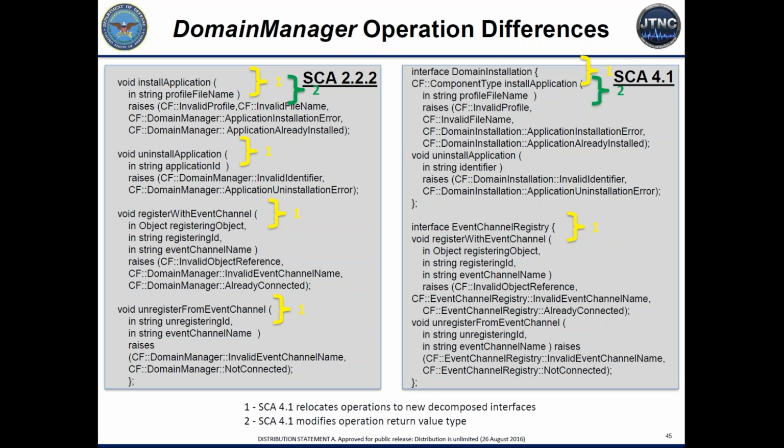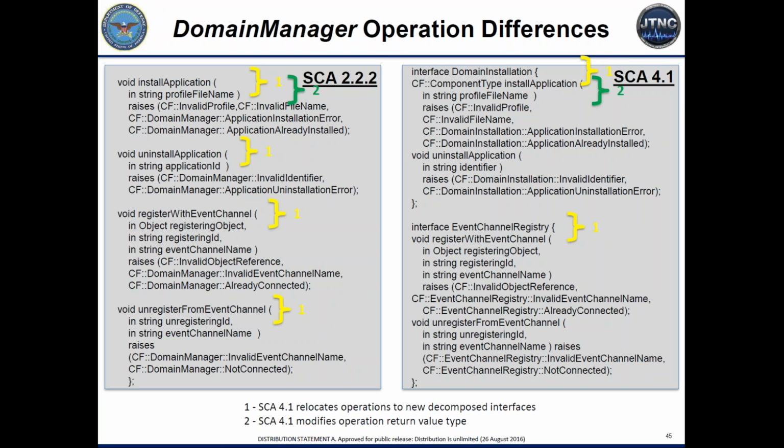The one small change that exists within 4.1 is that rather than install application being a void, now you'll see that it returns a component type, and that component type is going to be the one that represents the application factory component.